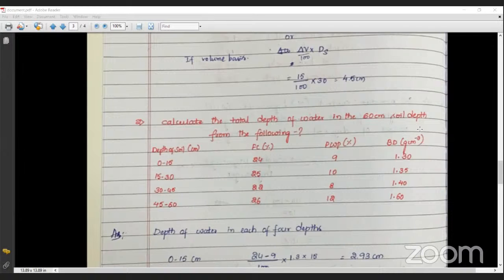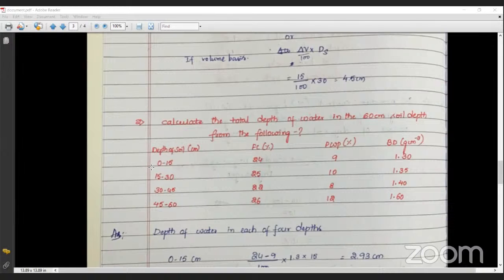The permanent wilting point and its range, everything I told in the previous week. In that continuity, now the problem is to calculate the total depth of water in 60 centimeter soil depth.